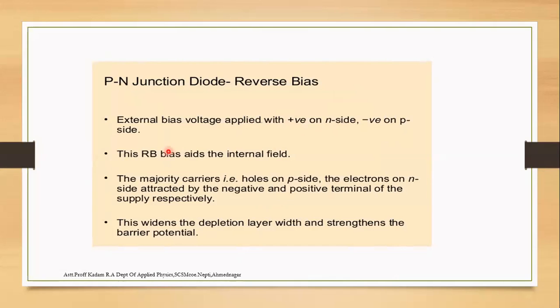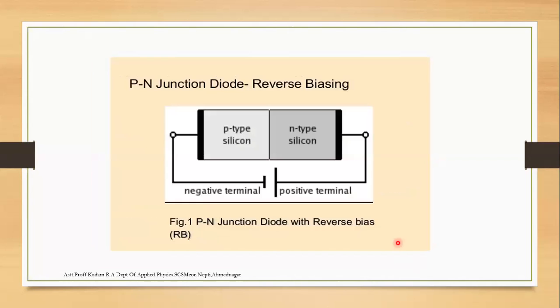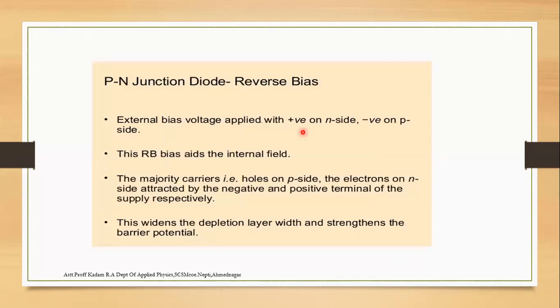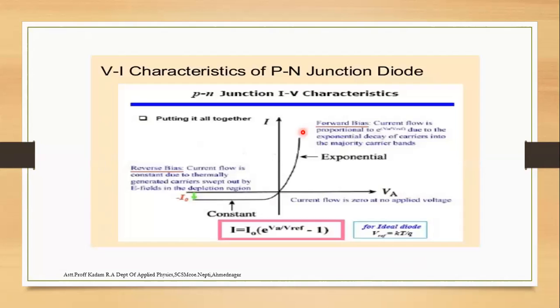The reverse bias adds to the internal field, so the majority carriers, the holes on the P side and the electrons on the N side, are attracted by the negative and positive terminals of the supply respectively. The width of the depletion layer and its strength is called the potential barrier. That is the PN junction under reverse bias.